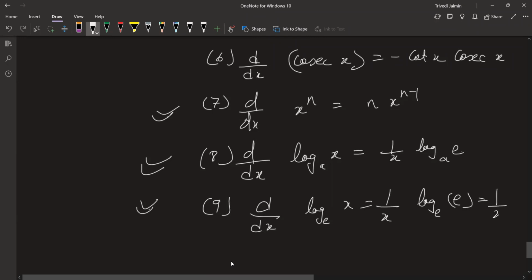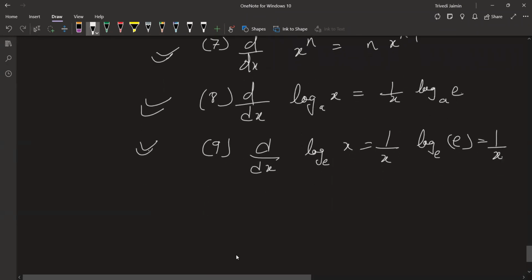That means 1 by x. Both are similar forms, 8 and 9. And now let's write some exponents. d by dx of e to the power x will be the same, there is no difference in this. Right? Yes, sir.